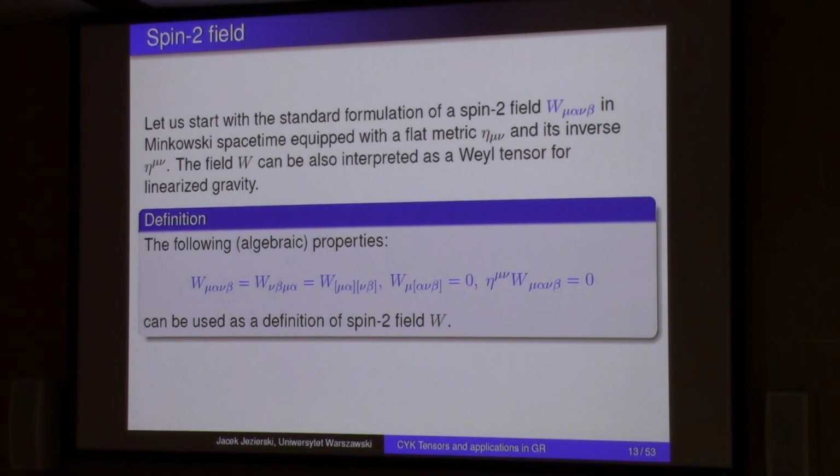Okay, so now let's start with some basic application. Suppose we have a spin-2 field. Abstractly, a spin-2 field means that we have some algebraic properties which are well known for the Weyl tensor. But you may also think about a given background and some linearized Weyl tensor, so linearized gravity.